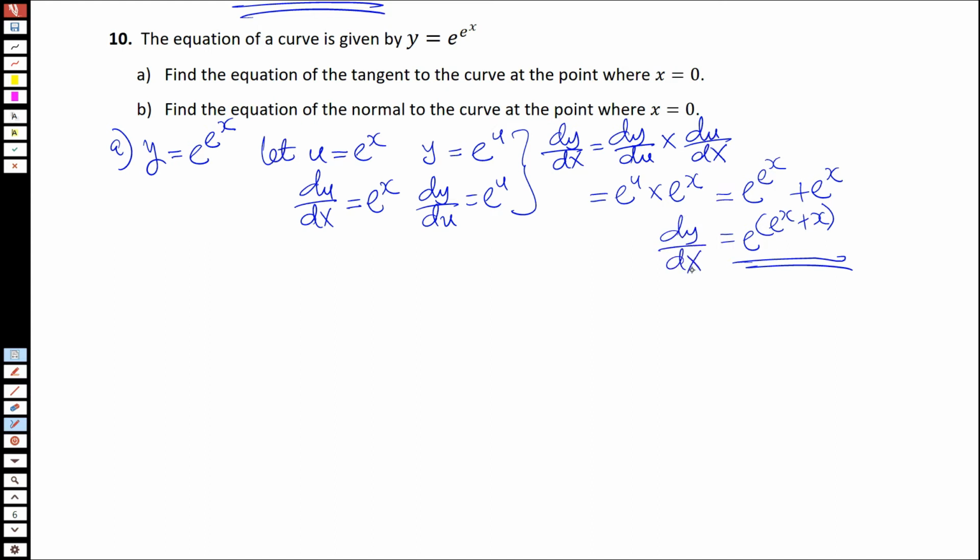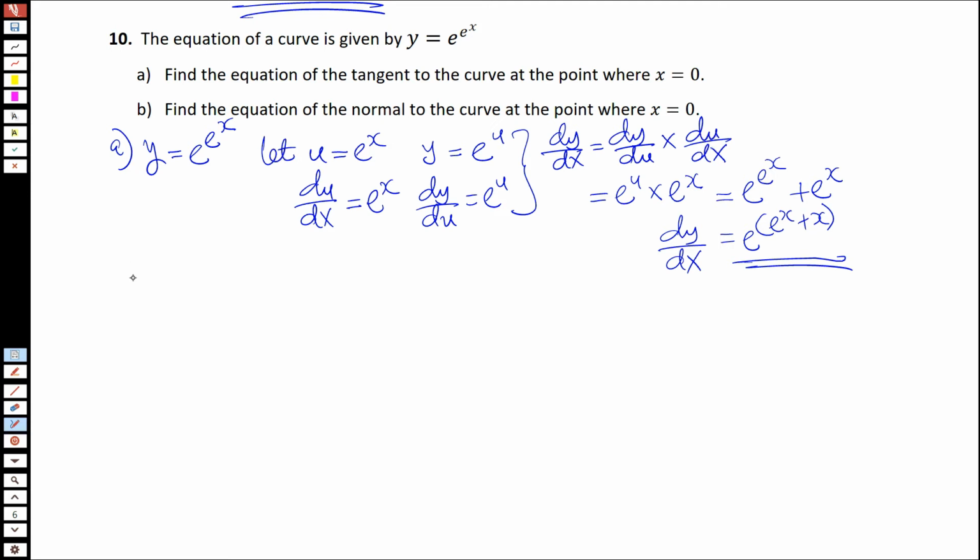This function gives us the gradient of this curve at any point. So we can use this function to find the gradient of the curve at x equals 0.